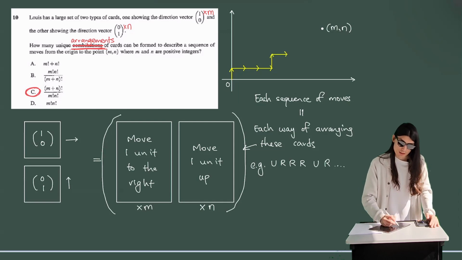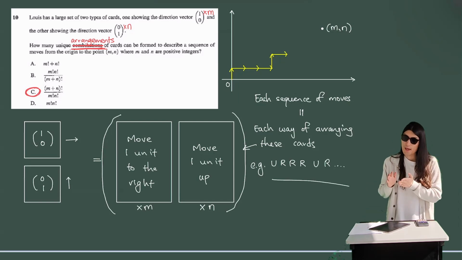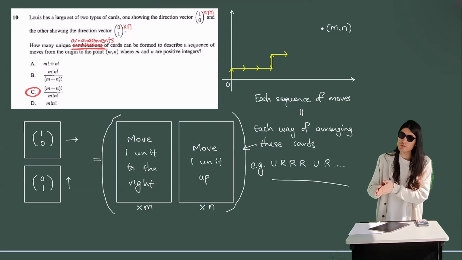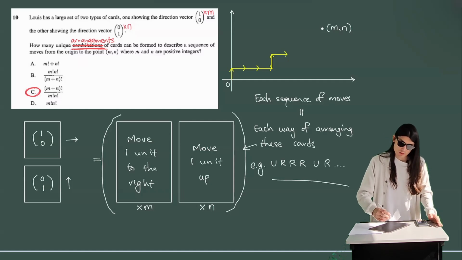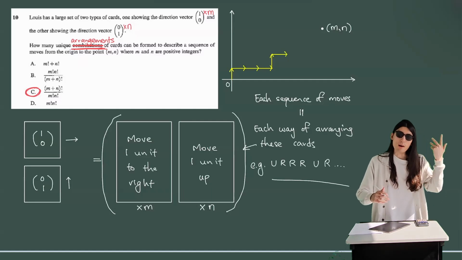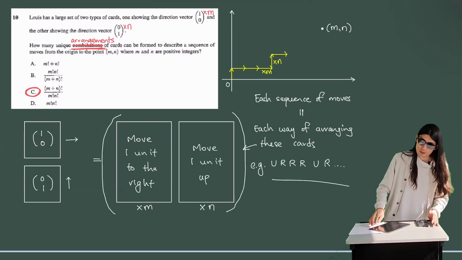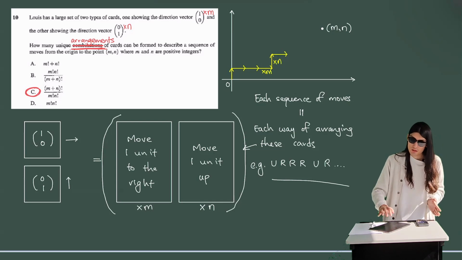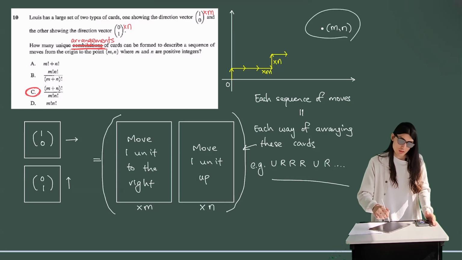And ultimately, because this sequence is going to contain m cards that make you move 1 unit to the right, and n cards that make you move 1 unit up, by the end of the sequence you will end up at the point m comma n.